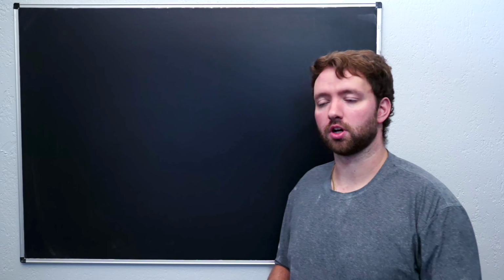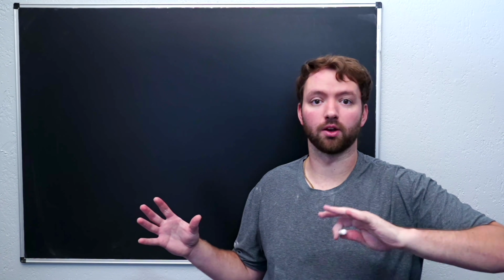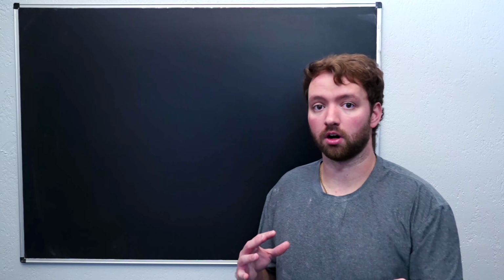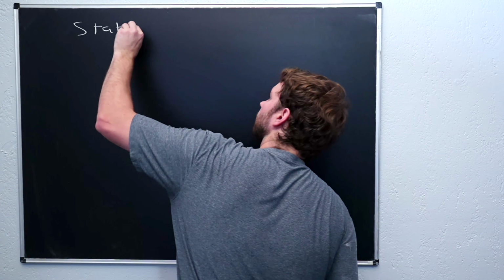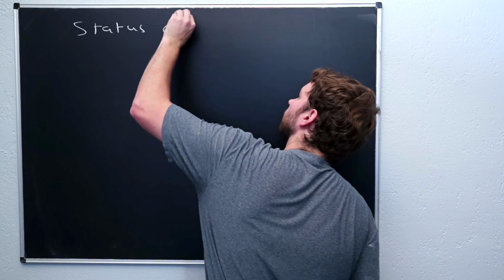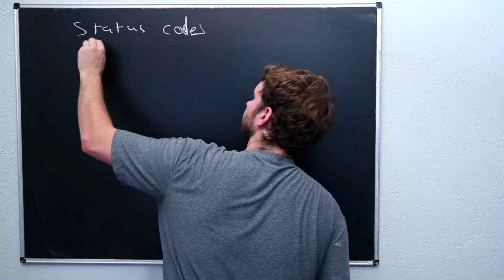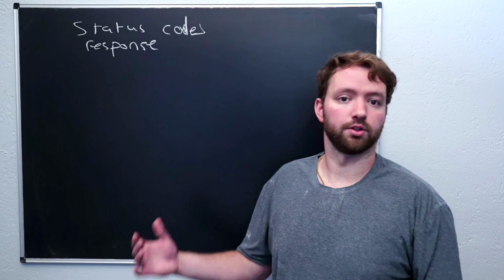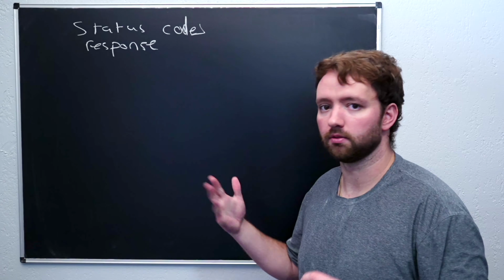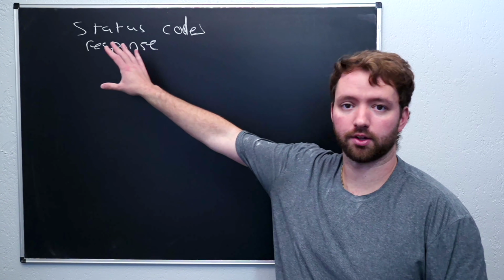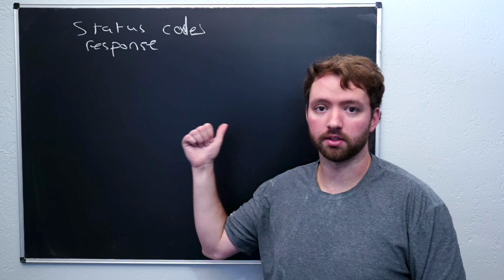Now, last thing I'm going to touch on briefly, because we're going to dedicate a lot of the next lesson's material on this, that is status codes or response codes. So just like there are standard HTTP methods, get, post, put, all that stuff, there are status codes which are included with the response from the server.